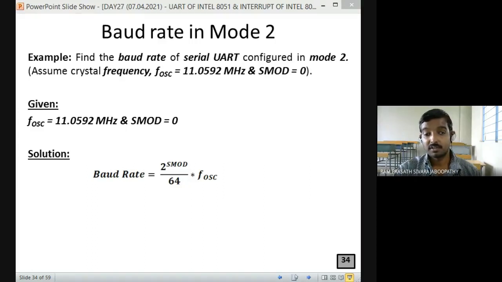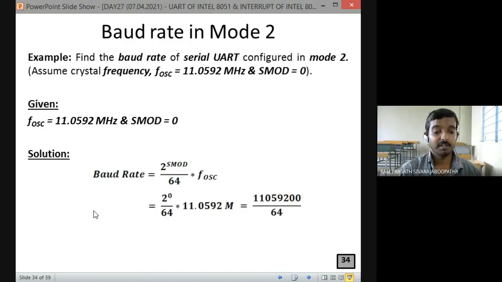Yes, very good. 172,800. That's the value we are getting. So FOSC divided by 64, correct? Which is equal to 172,800. So that is going to be the baud rate.